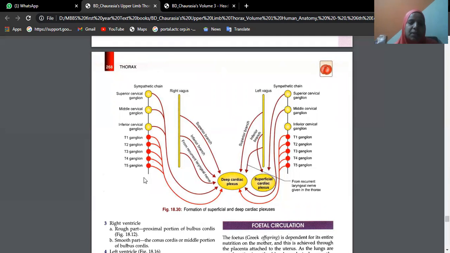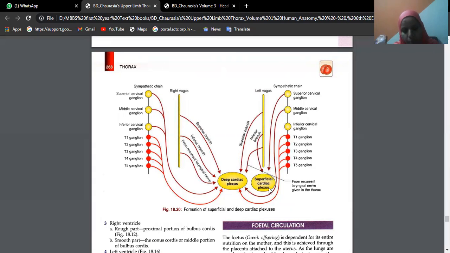That sympathetic chain is present in the neck, like superior cervical ganglion, middle cervical ganglion, inferior cervical ganglion. After cervical ganglia, we have the thoracic ganglia, T1, T2, T3, T4, and T5. So all these are contributing differently in the formation of superficial and deep cardiac plexuses.